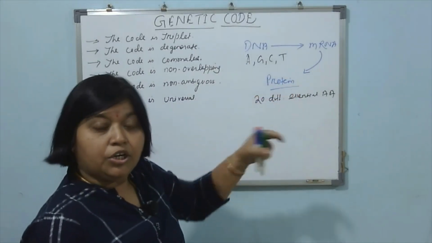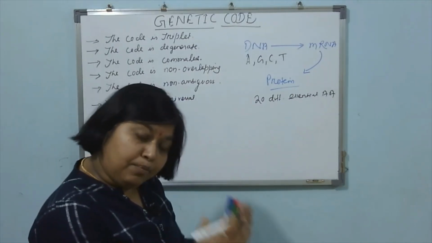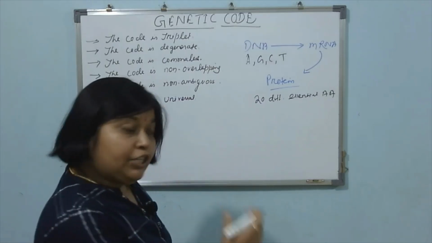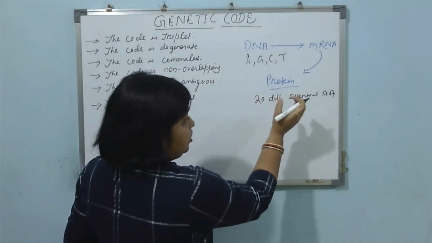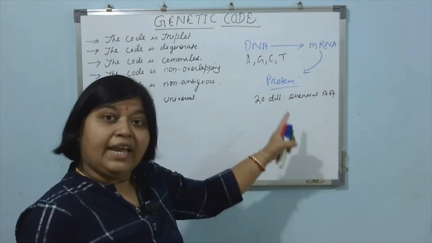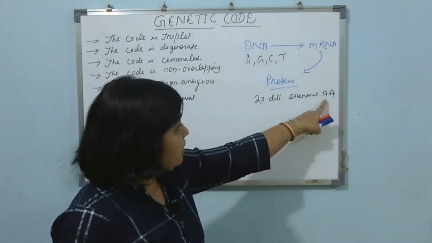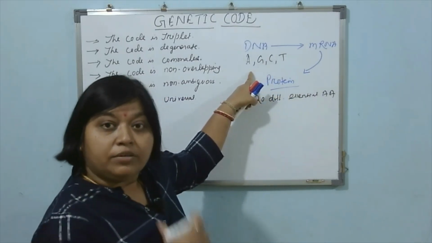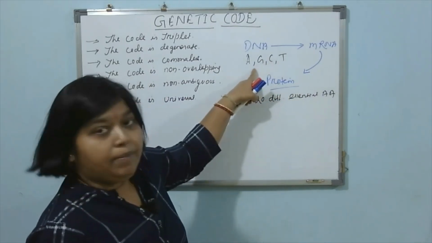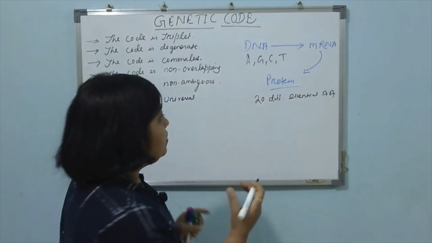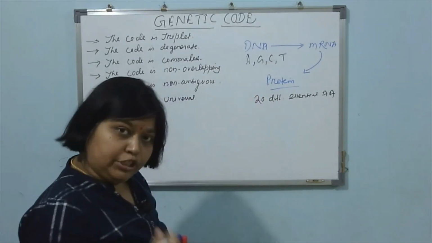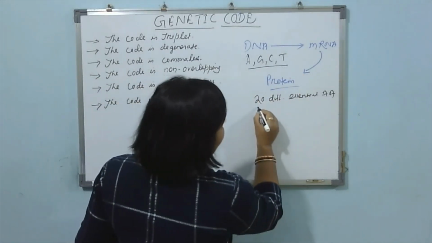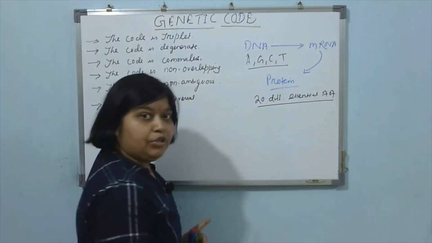It means the nucleotides, which are the alphabet present in DNA, should be converted in such a way that we can write these amino acids by using these nucleotides, these four alphabets. So how will it be possible? By using these four alphabets, we can write 20 different essential amino acids.